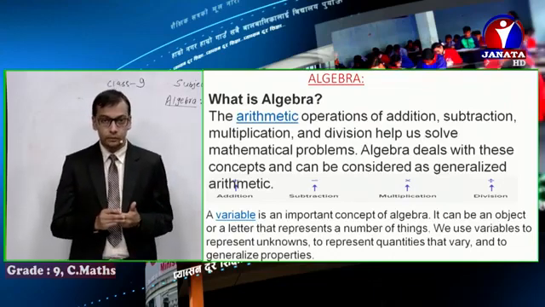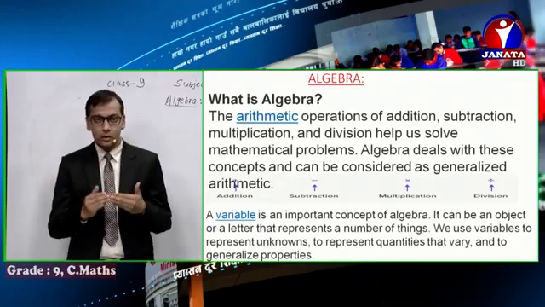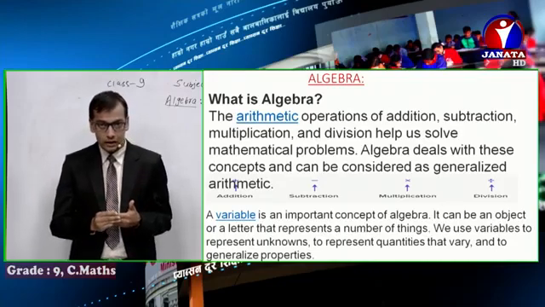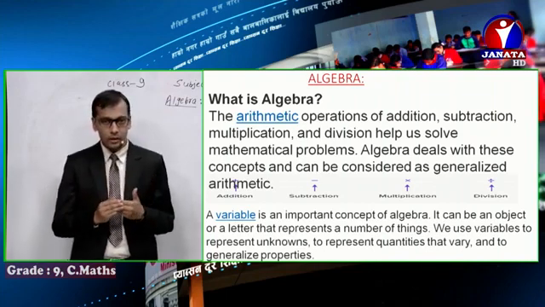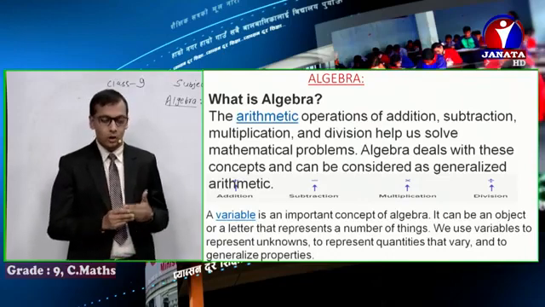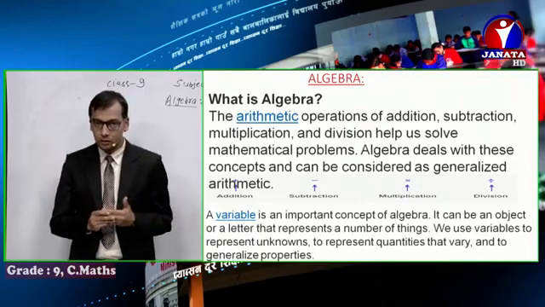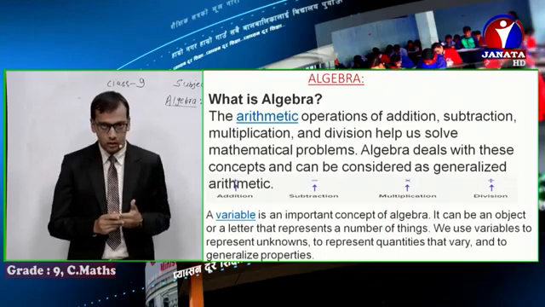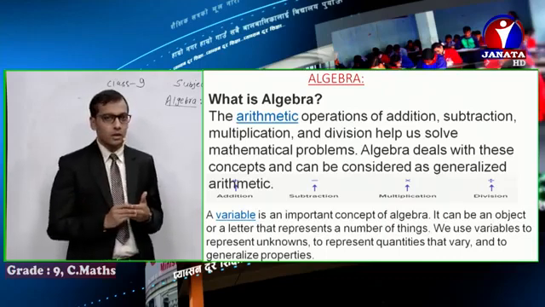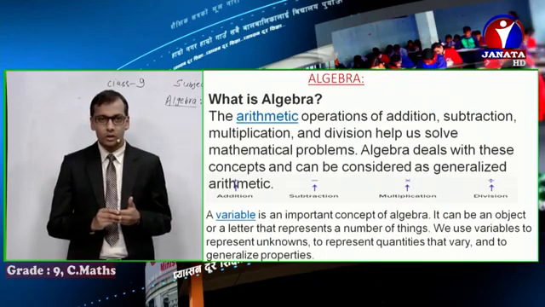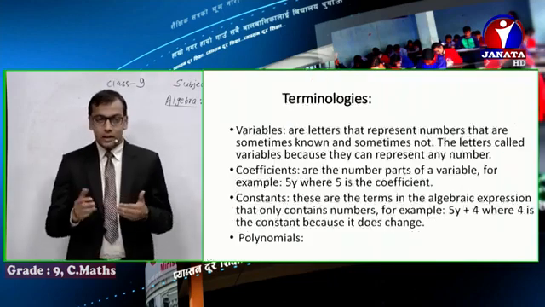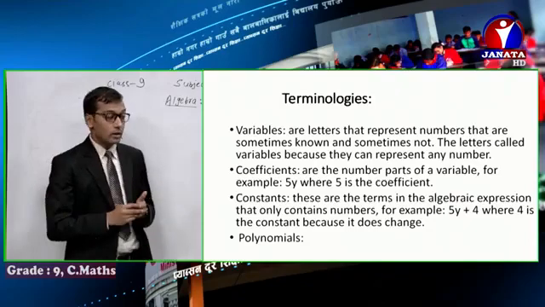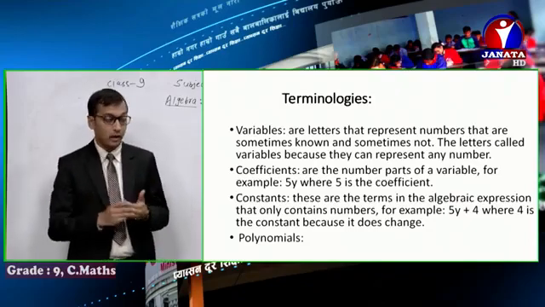Basically, today we will focus on the different terms. Shortly I will talk on this, and then our main objective today is what is factorization, what are factors, and we will practice some questions on factorization. So let's read what are variables, coefficient, constant and polynomial.